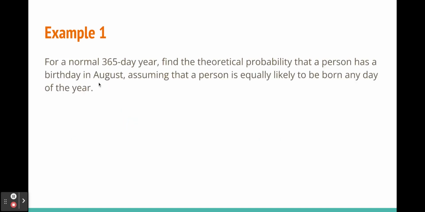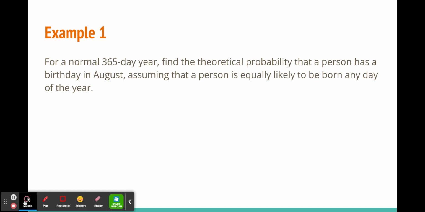For a normal 365-day year, find the theoretical probability that a person has a birthday in August, assuming that a person is equally likely to be born on any day of the year. So the first thing we need to realize is that our event is being born in August. So we first have to remember how many days there are in August.